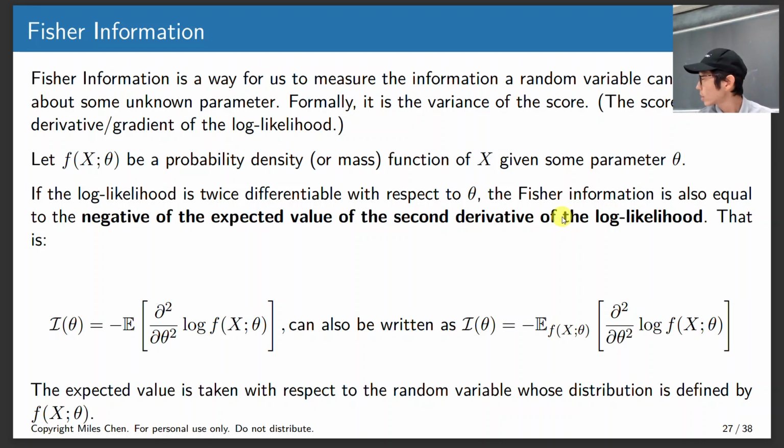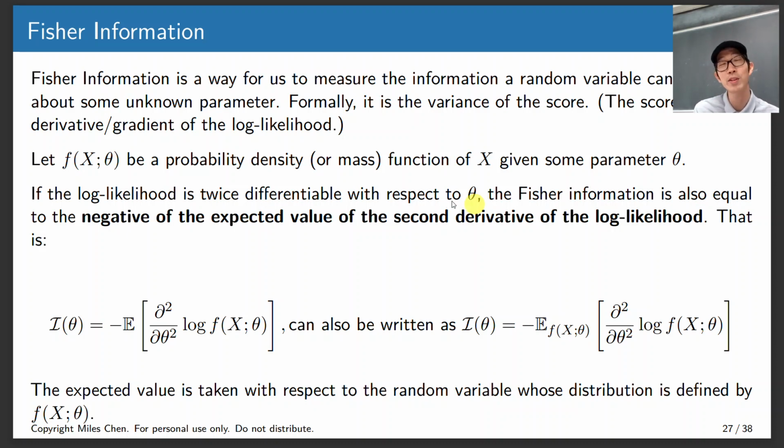One kind of to relate it back to what I've been trying to show you, the Fisher information is also equal, all right, if the log likelihood function is twice differentiable with respect to theta. That's going to be a lot of functions, but not every single one. The ones I've shown you, it's true.